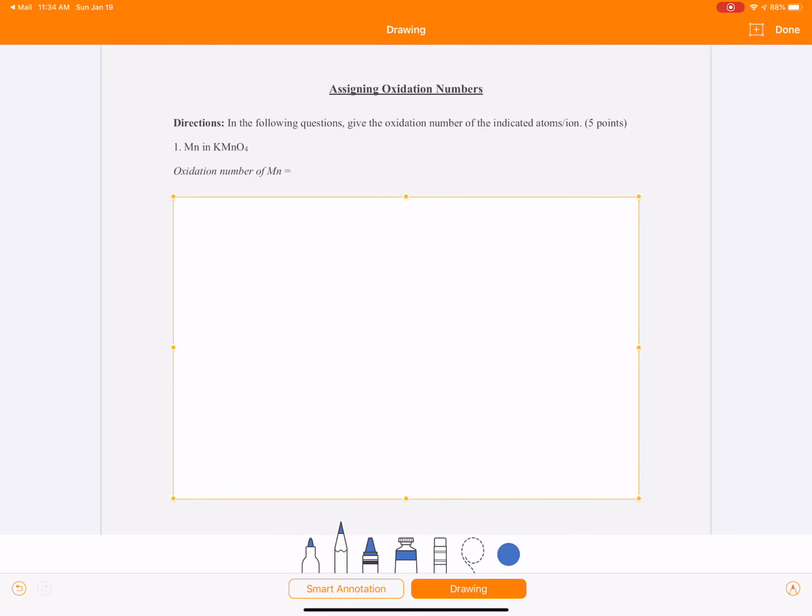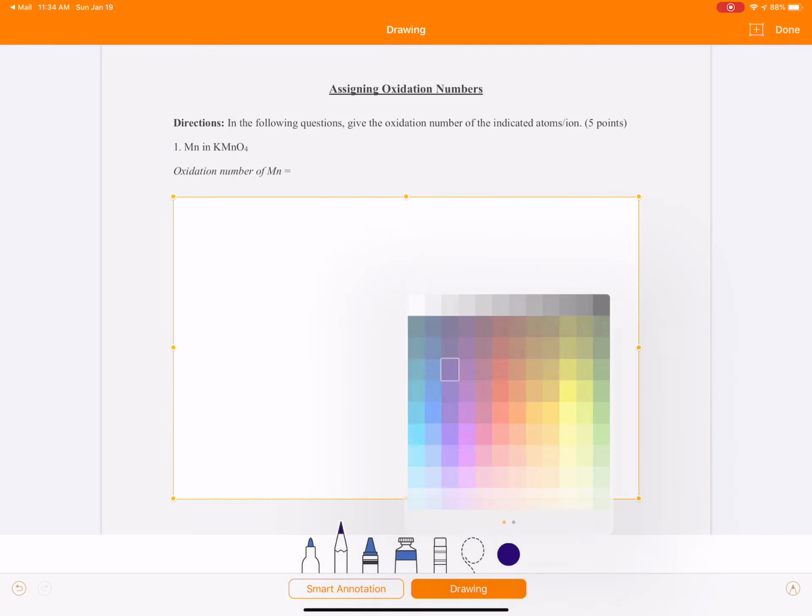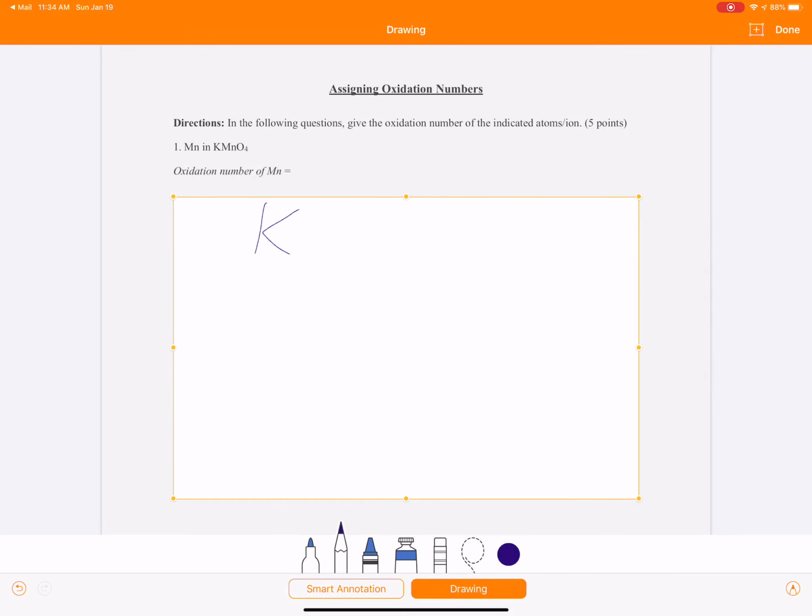Okay, so let's begin here. So we have potassium permanganate, and if you don't see a charge indicated, that means the net charge is 0. So all the charges of each element in here individually have to add up to 0. So what do we know?